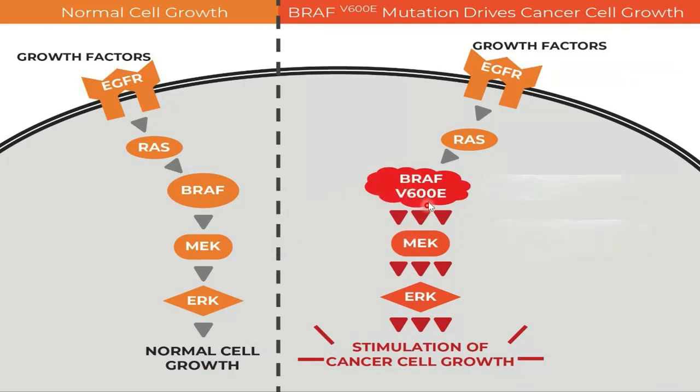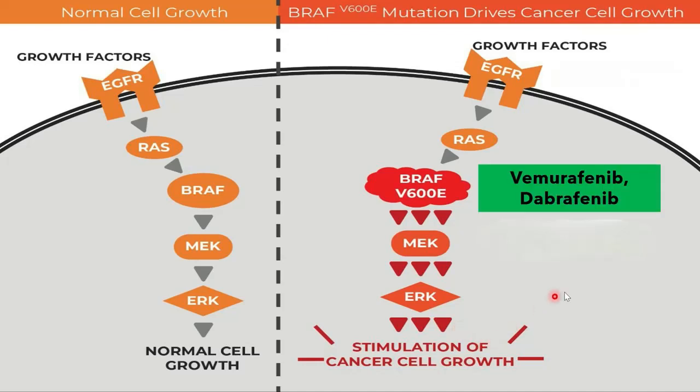So there is high stimulation of MEK, high stimulation of ERK, and stimulation of cancer cell growth producing melanoma. If we give a BRAF inhibitor like vemurafenib or dabrafenib, it is blocked here. We can also give a MEK inhibitor like trametinib, which blocks at the MEK. So these are the drugs which can be used for targeted therapy in malignant melanoma.